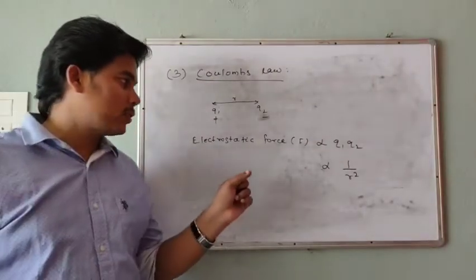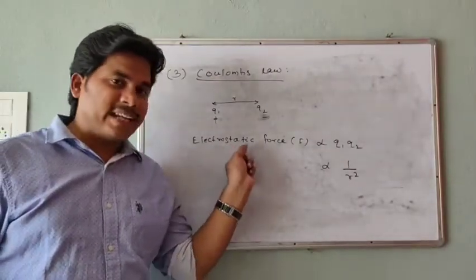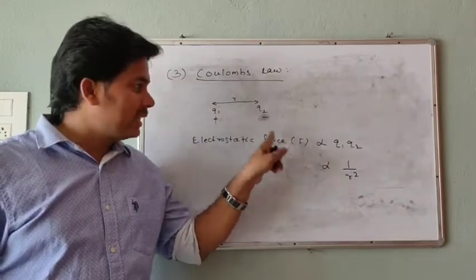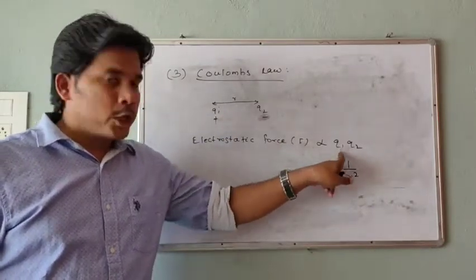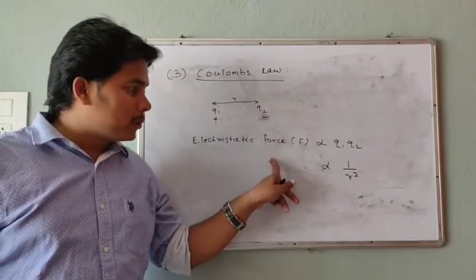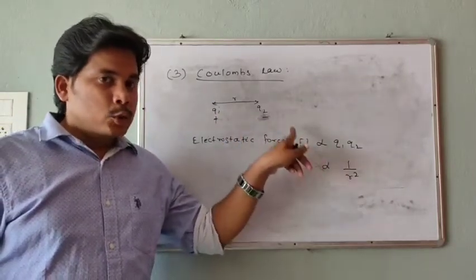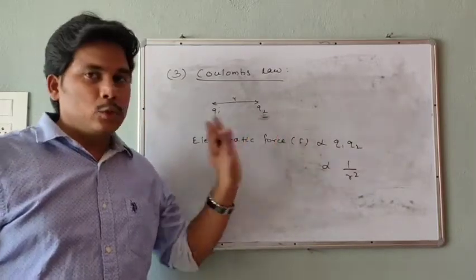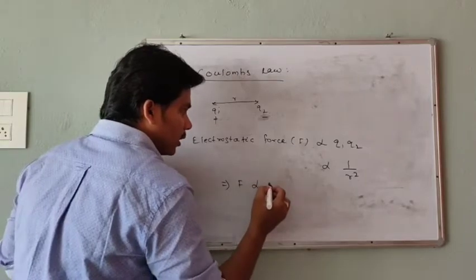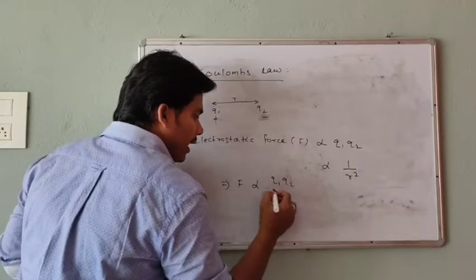Again, I am repeating this. The electrostatic force of attraction or repulsion between these two charges is directly proportional to the product of the two charges and inversely proportional to the square of the distance between them. So I can write F proportional to Q1 Q2 by r square.